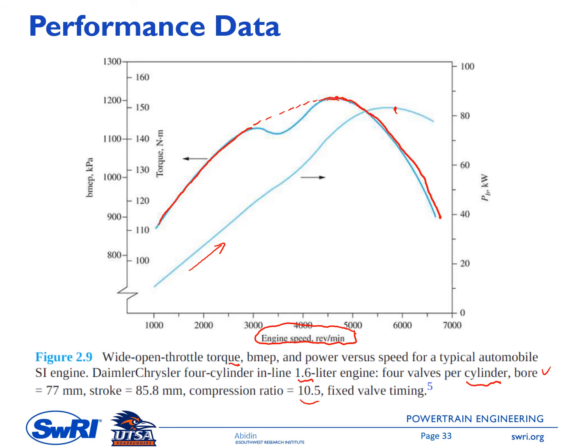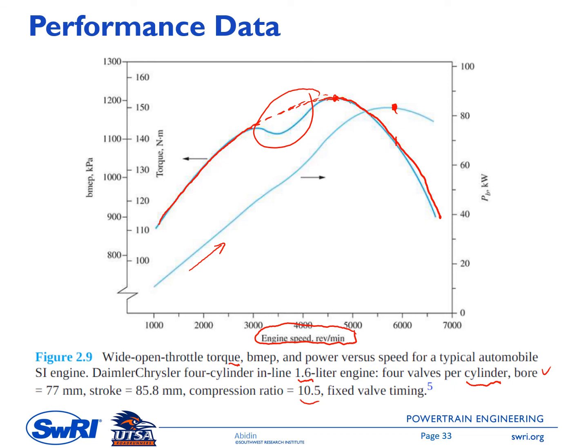This dip, it is mentioned in the book, is because they did intake tuning around 3,500 RPM. Once again, if we don't have the intake system tuning, the shape of this BMEP or torque profile will follow this line. You can see that the max torque or max BMEP occurs around 4,500 RPM, and the engine maximum power occurs around 6,000 RPM.